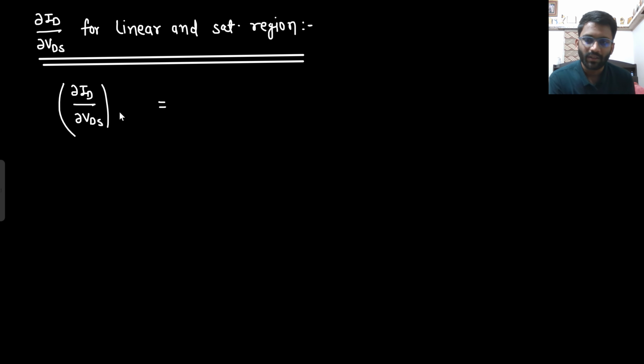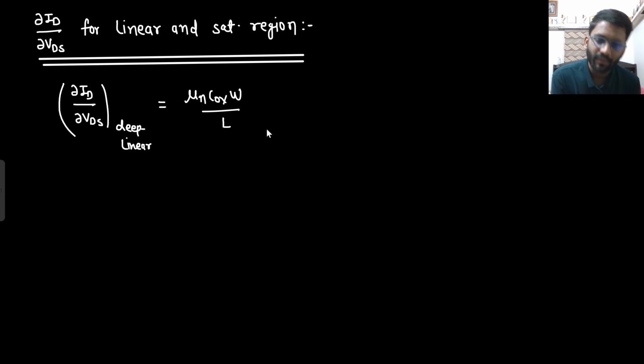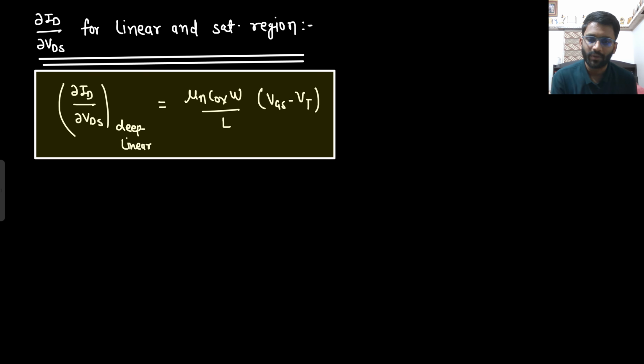So we can write the expression for deep linear: mu n Cox W by L into VGS minus VT. Right? Correct.